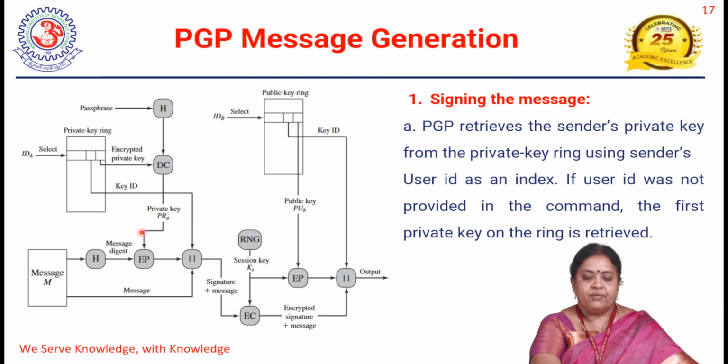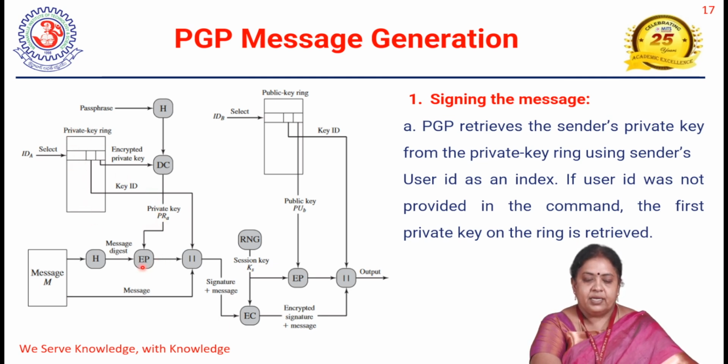The private key of the sender is used for the encryption of the message hash code. First, the message is given to the hash function to generate the message digest, that is the hash code. That hash code will be encrypted. For the encryption, we require the private key of the sender, which can be retrieved from the private key ring.